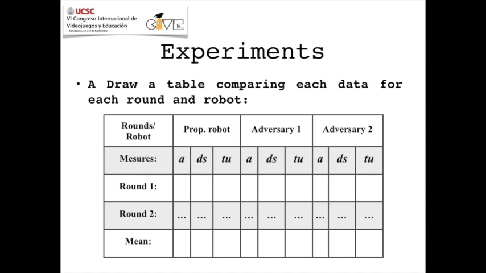And at the top, each column holds the variables that were collected, like the accuracy, the shots per second, and the total utilization for each robot. At the end, the students were required to calculate the mean of all the 4 rounds that they performed.